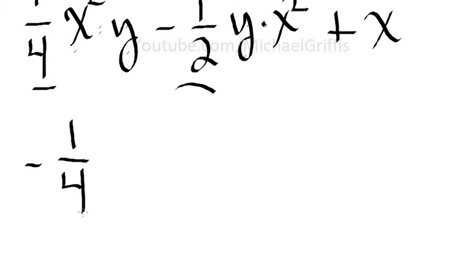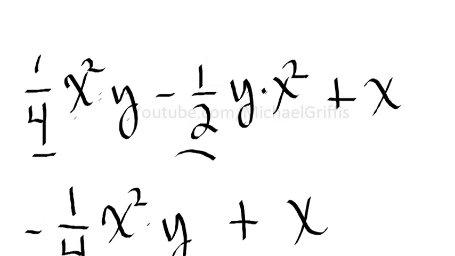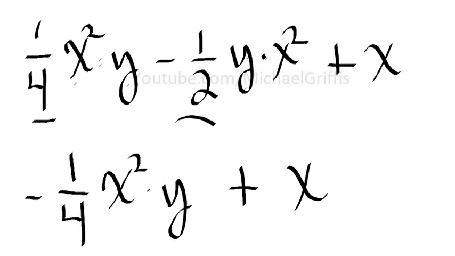Okay, negative 1/4. We're going to go ahead and write the variable with the highest power first, and then plus x there. Okay, so that's pretty simple.